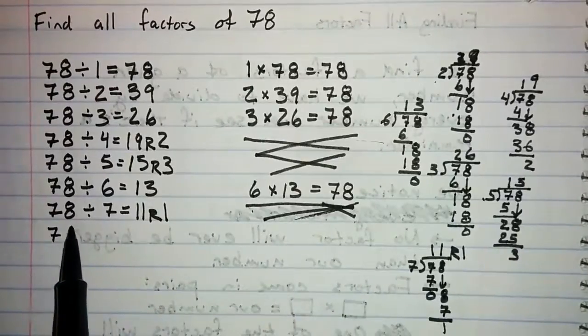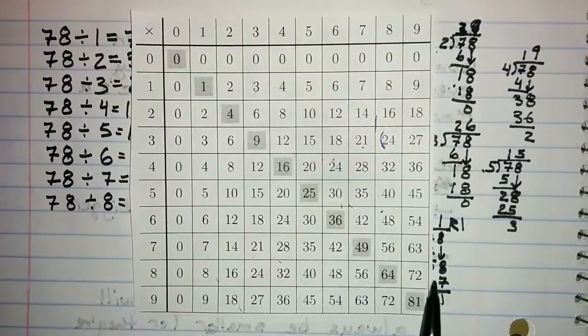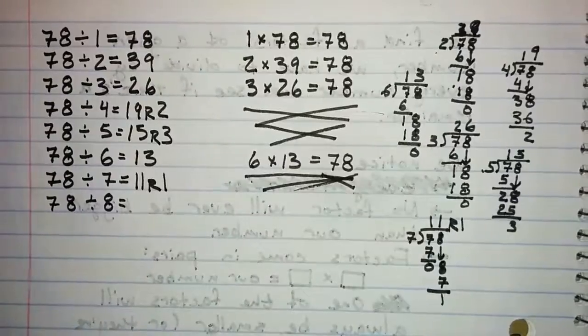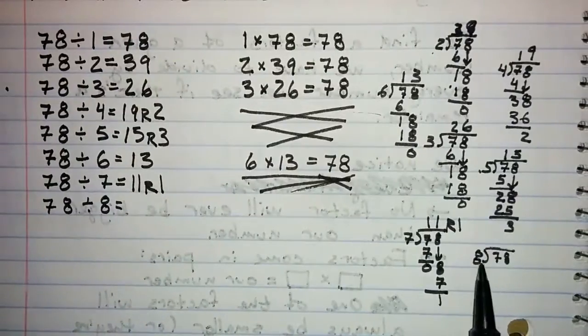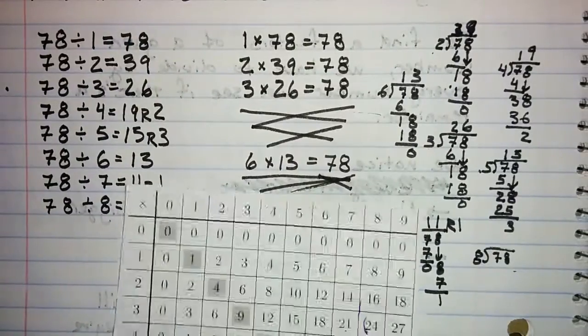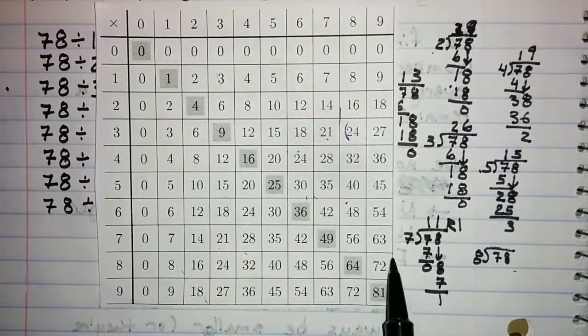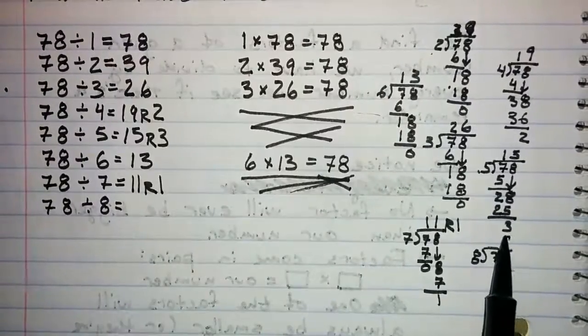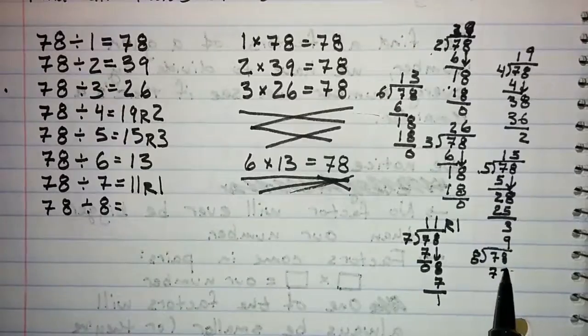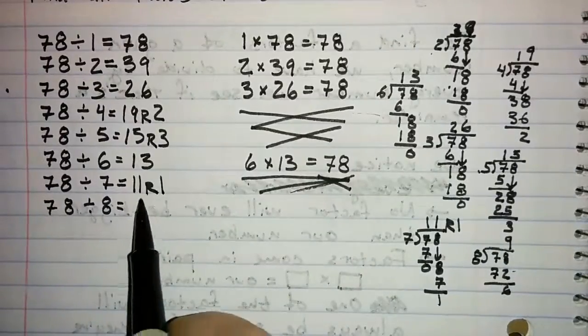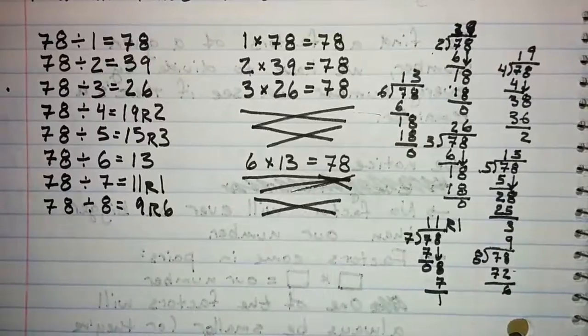How about 8? 78 is bigger than the biggest number in my 8 row, so I'll divide. 8 doesn't go into 7, so 8 must go into 78 9 times, with 6 left over. 8 is not a factor.